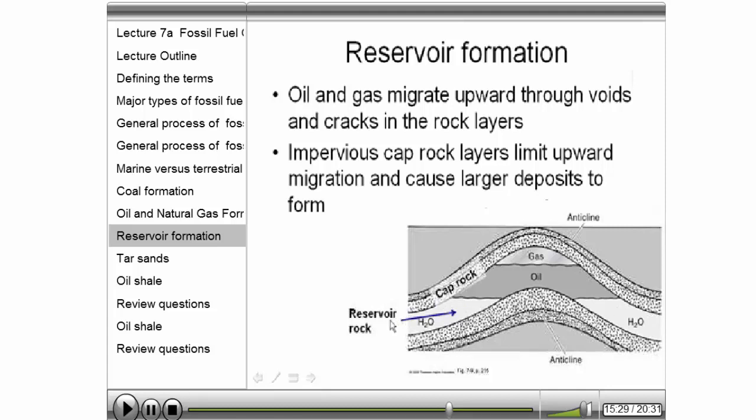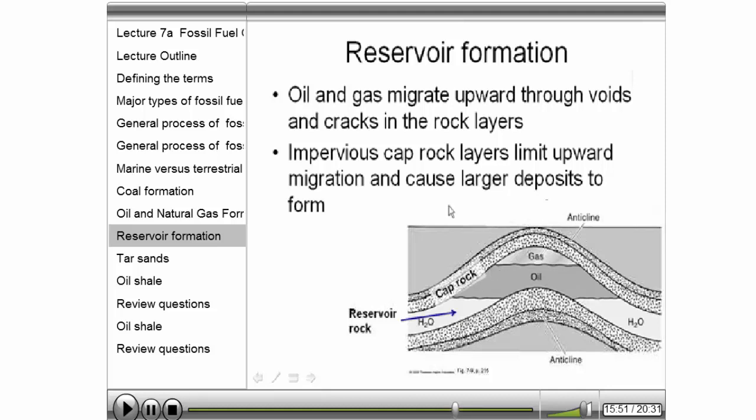The reservoir rock in this situation is those rock layers in which the oil and natural gas are formed. Above that is some form of cap rock, and that's what is impervious enough to allow for persistent accumulation of the oil and natural gas until such time as drilling may occur to move into it.